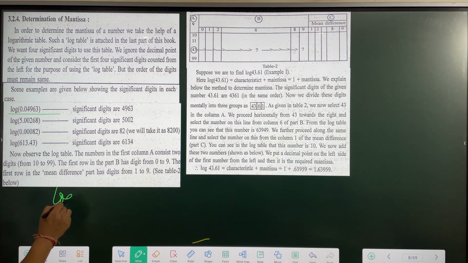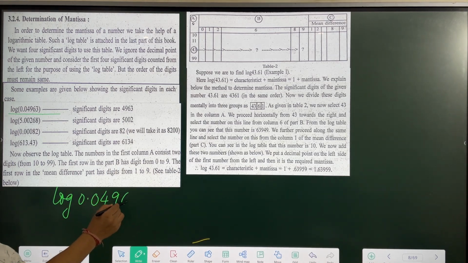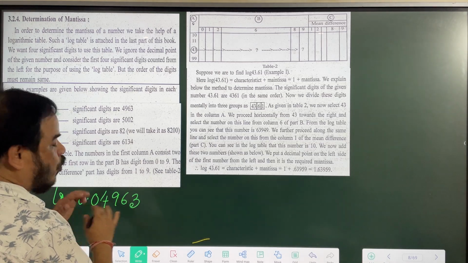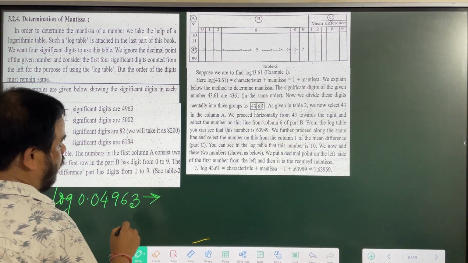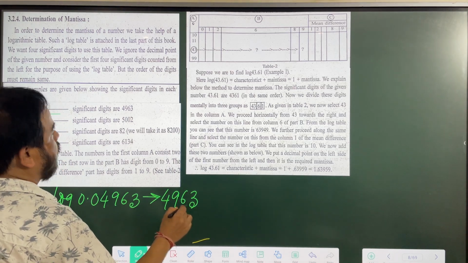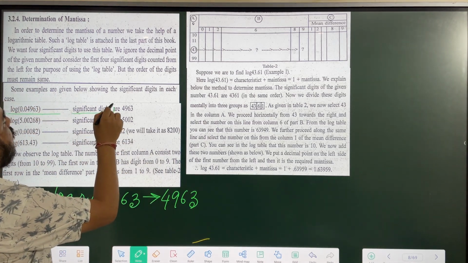So log 0.04963. Here we have to get the significant digits. Significant digits means excluding the zeros; whatever numbers are there are called significant digits.